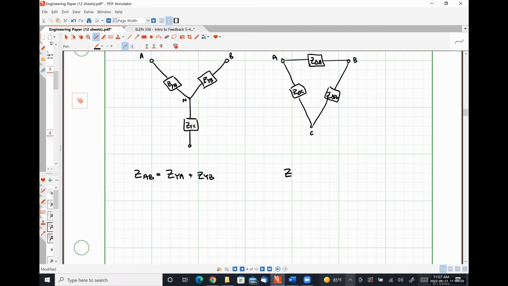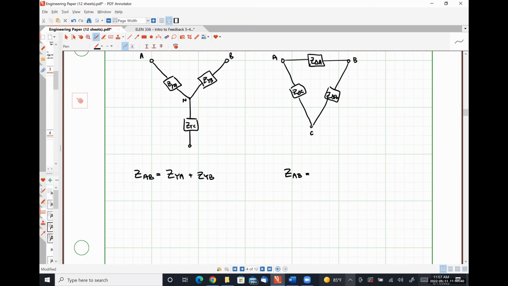What if we're looking at our delta connected load? What is it? I disagree. Why are we neglecting this other path between nodes A and B, right?